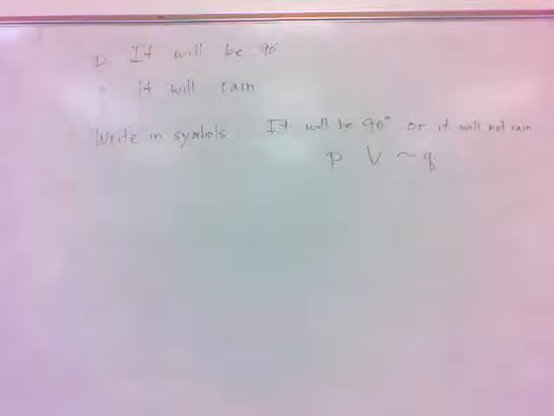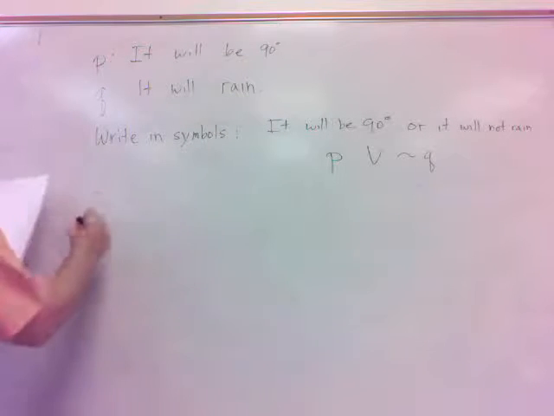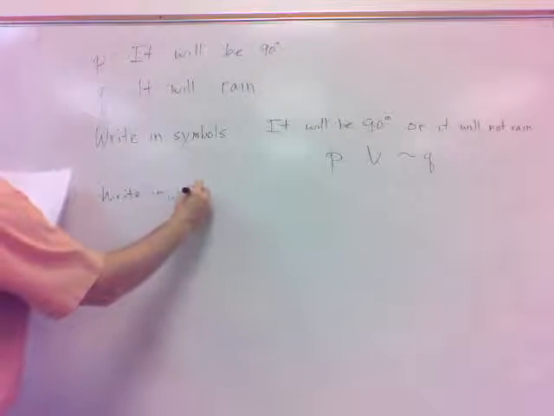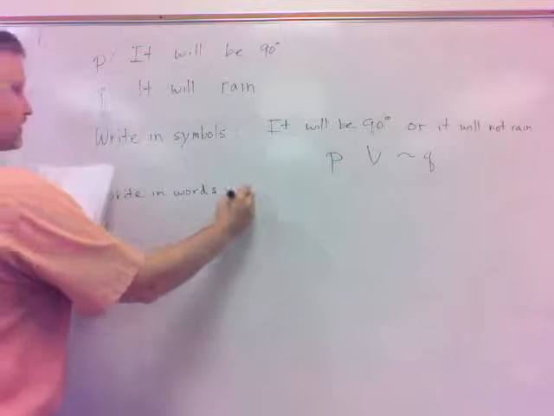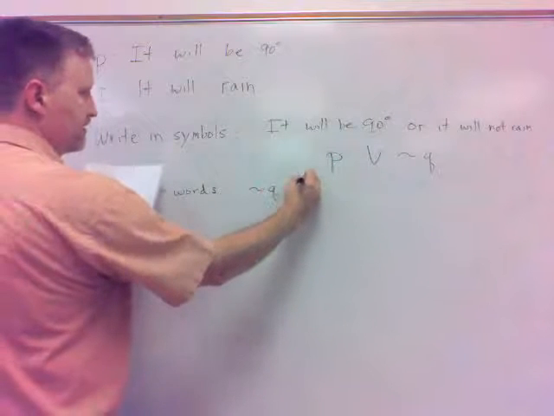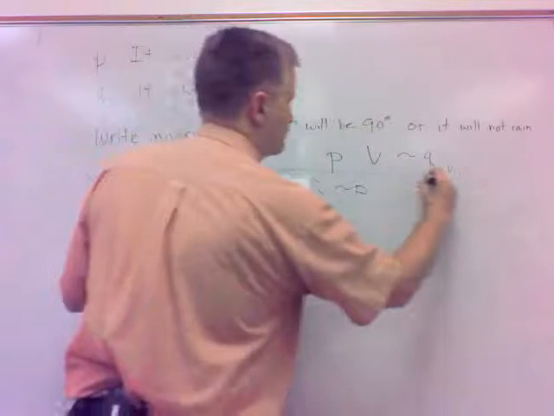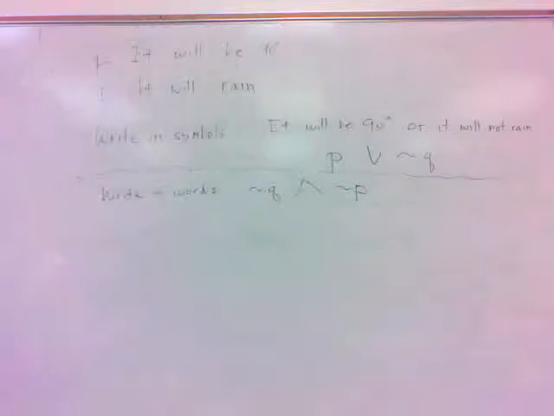Okay? So it's not anything difficult. It's just knowing what the symbols mean. All right? What would this be in words? Squiggly Q, then this one, squiggly P. What would that be in words?